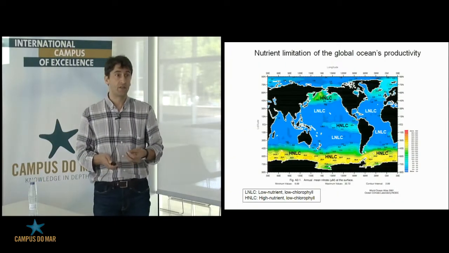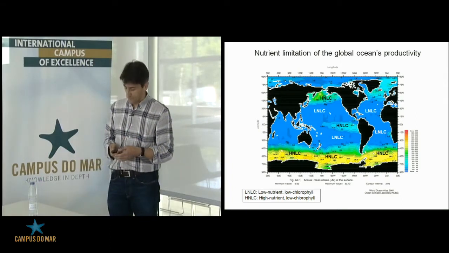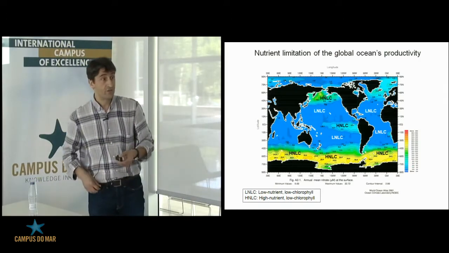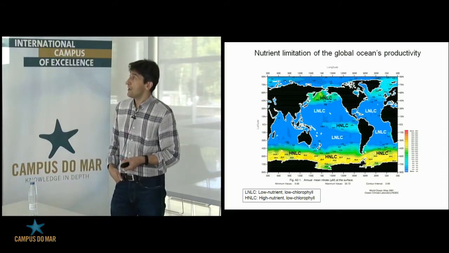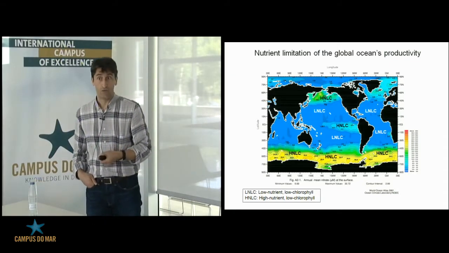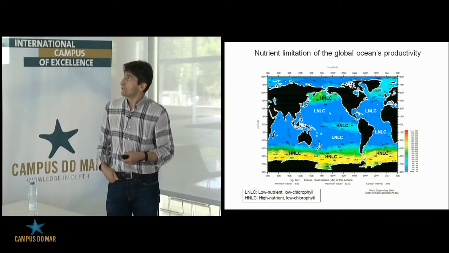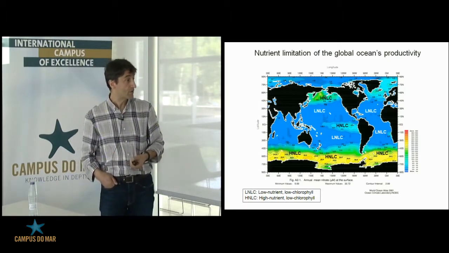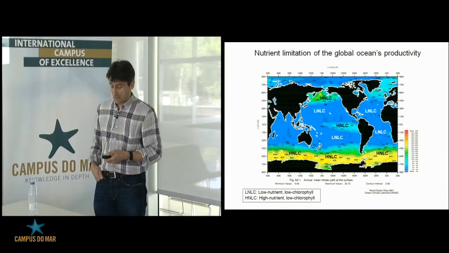Most of the ocean is limited by nutrients, but this limitation can actually occur in two different ways. You can have high nutrient, low chlorophyll waters in which nitrate and phosphate and also silicate is present in sufficient concentrations, but iron, the micronutrient iron, is not. Therefore, you have a limitation of the system because of the iron. Whereas in the subtropical gyres, typically you have a low nutrient, low chlorophyll system in which macronutrients, typically nitrate, are limiting.